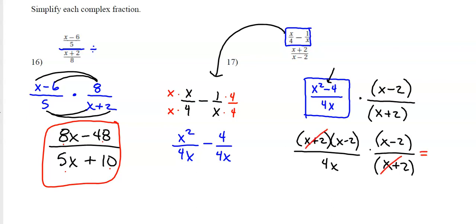So what's left is on top, I'm going to multiply this piece by this piece, which is x squared minus 4x plus 4 all over 4x. And I don't see a common factor in all 4 of those pieces, so I believe we are good to go.